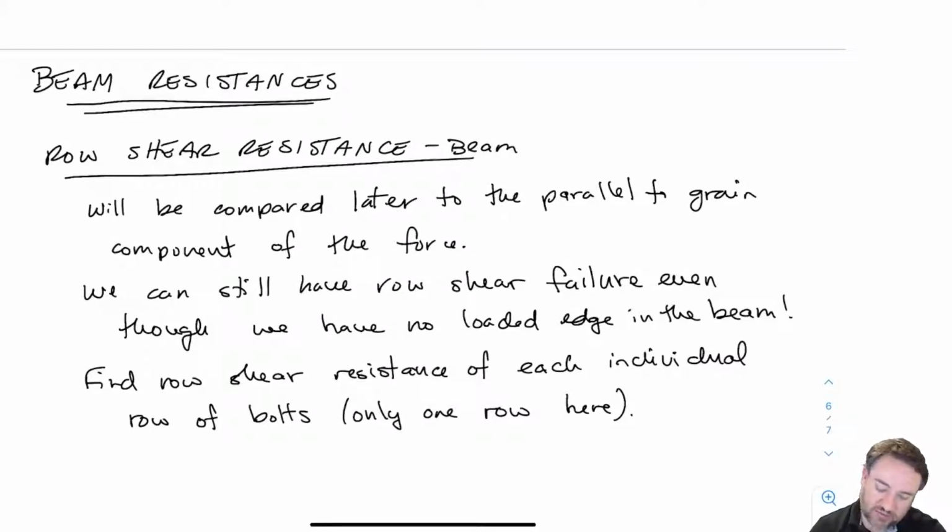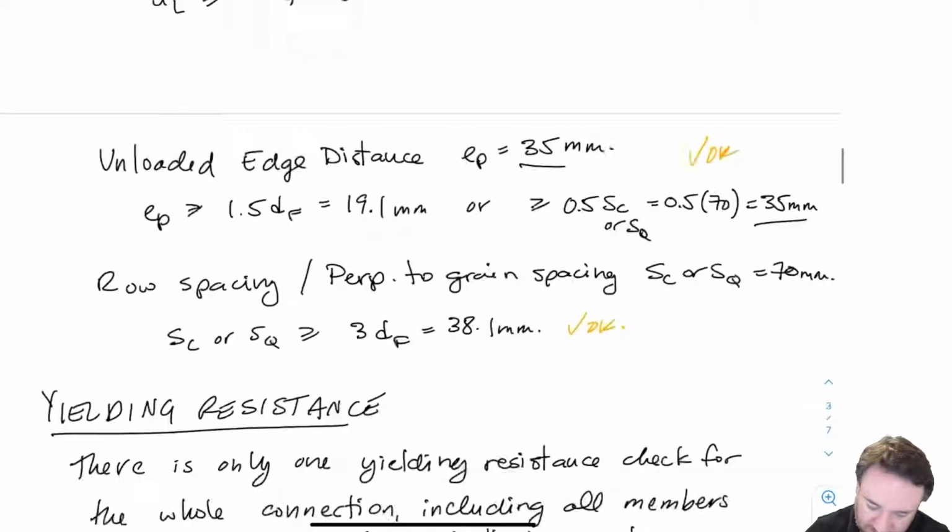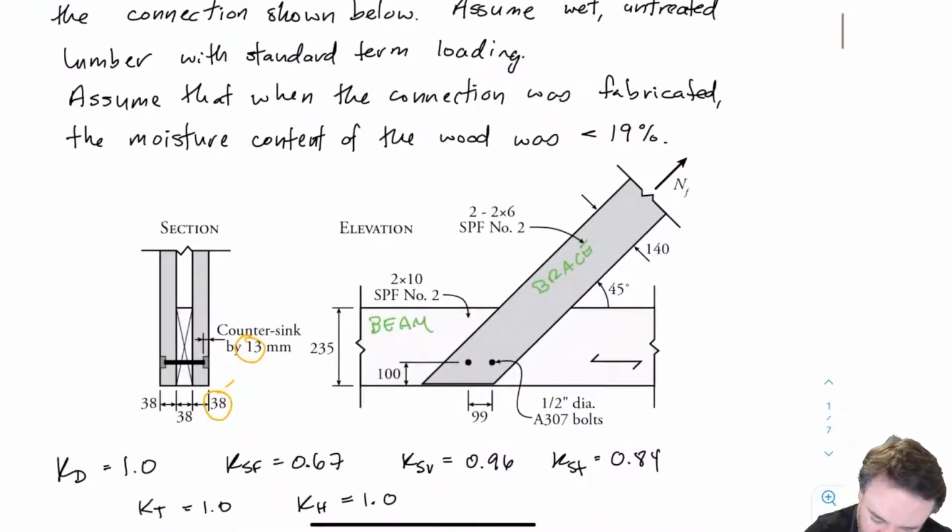As I mentioned in the first video, we still have row shear in this connection, even though we don't have a loaded edge, which means basically the plug in between these two. If I'm looking at the beam, I'm talking about this member back here. In between these two, the rows are like this. We have shear planes like this, and we can basically fail this plug as the bolts want to move in this direction, which is the horizontal component of the diagonal force.